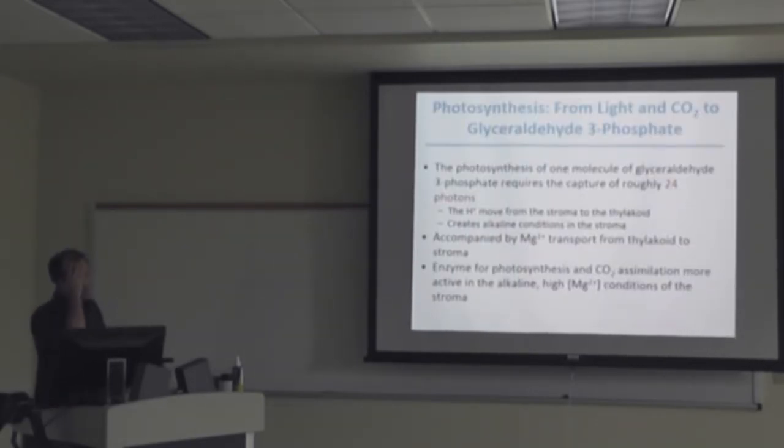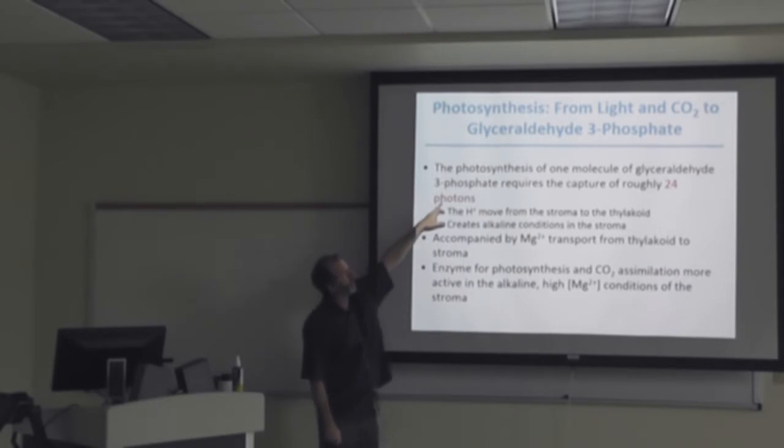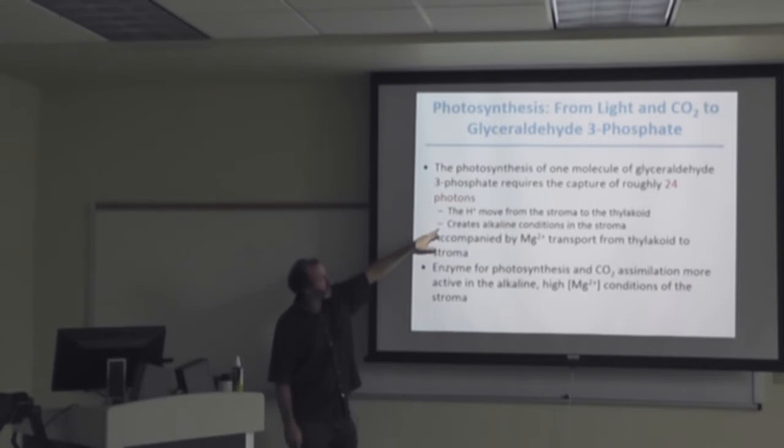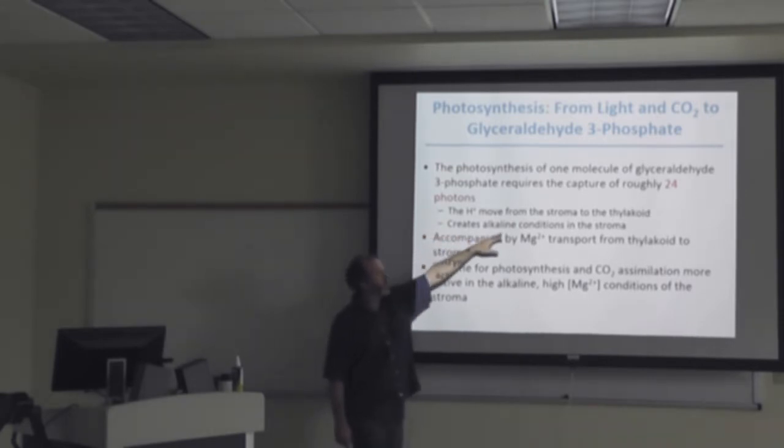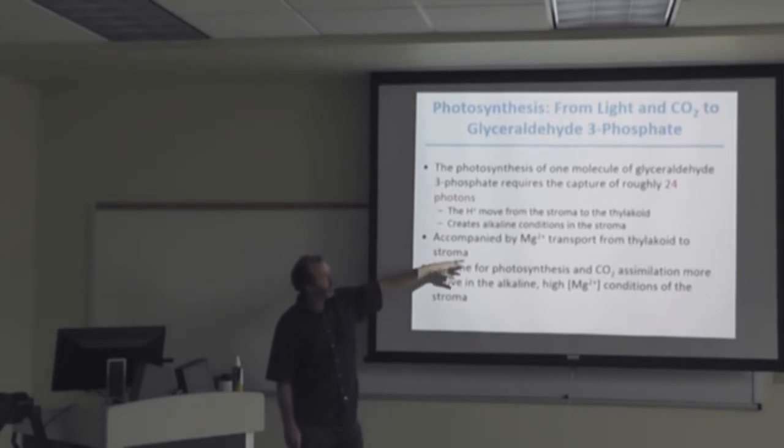So photosynthesis goes from light and carbon dioxide to glyceraldehyde 3-phosphate. The photosynthesis of one molecule of glyceraldehyde 3-phosphate requires the capture of roughly 24 photons of light. The hydrogen ions move from the stroma to the thylakoid, which creates alkaline conditions in the stroma. It's accompanied by magnesium transport from the thylakoid to the stroma.